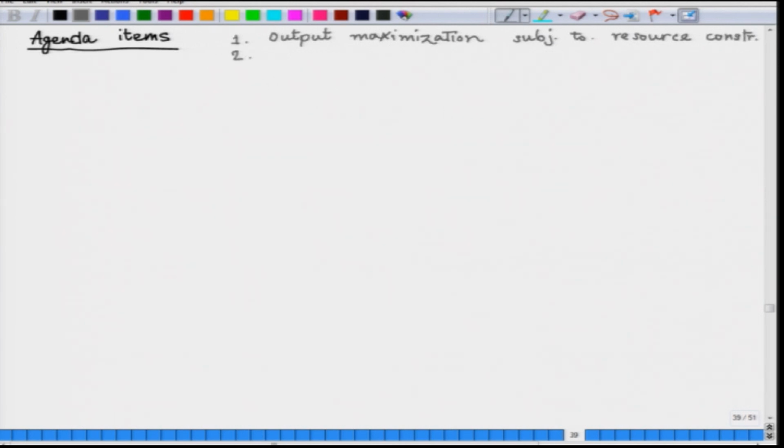The second problem can be described as cost minimization subject to output constraint. And third and the final problem is basically the problem of profit maximization.